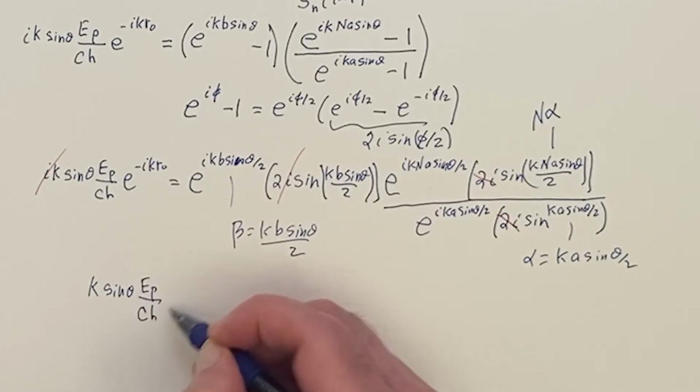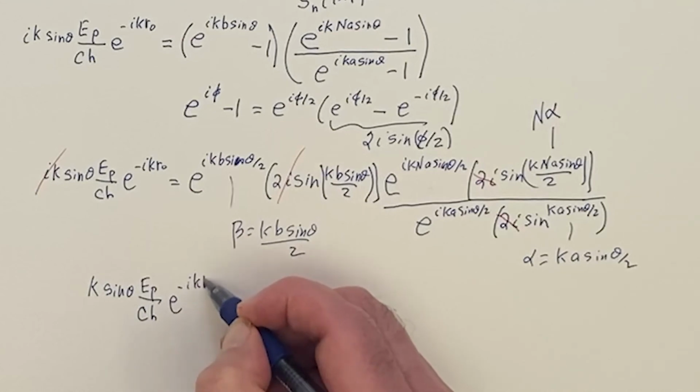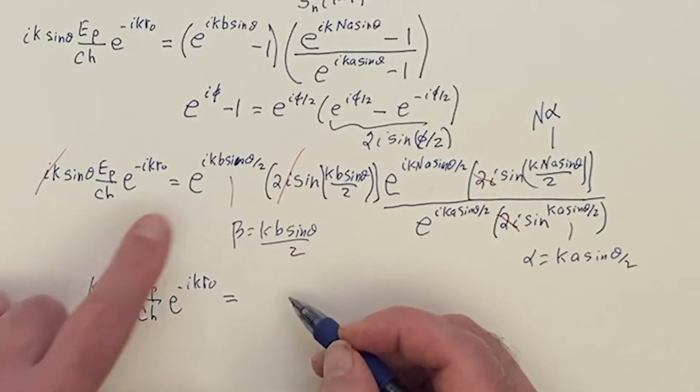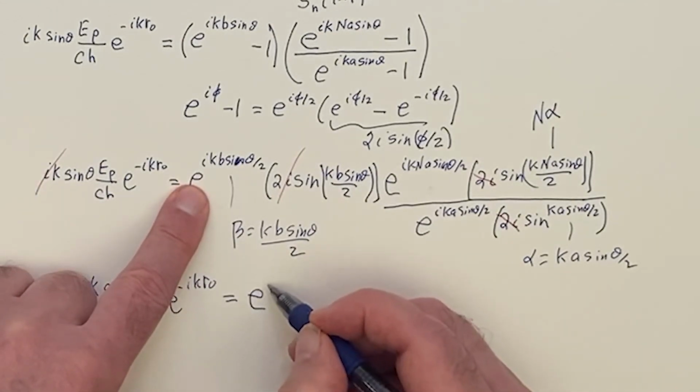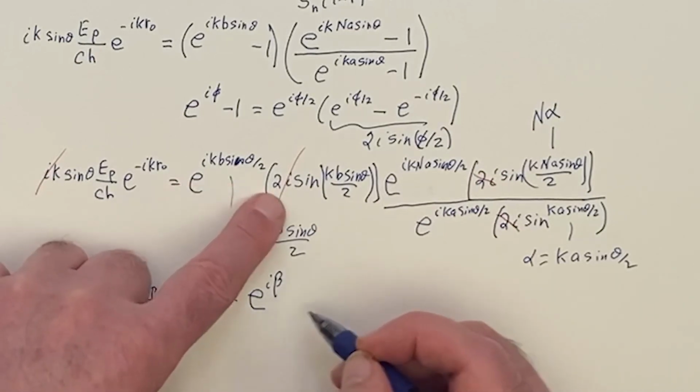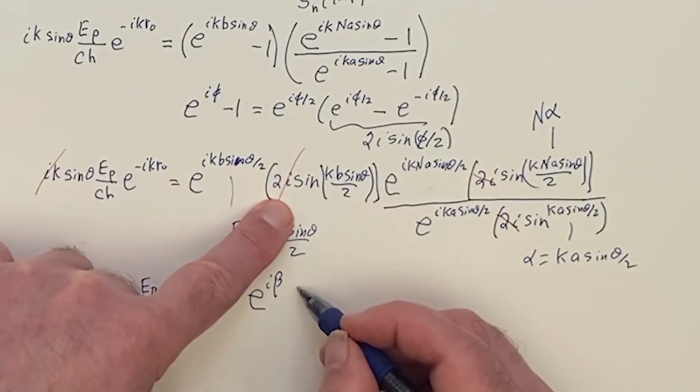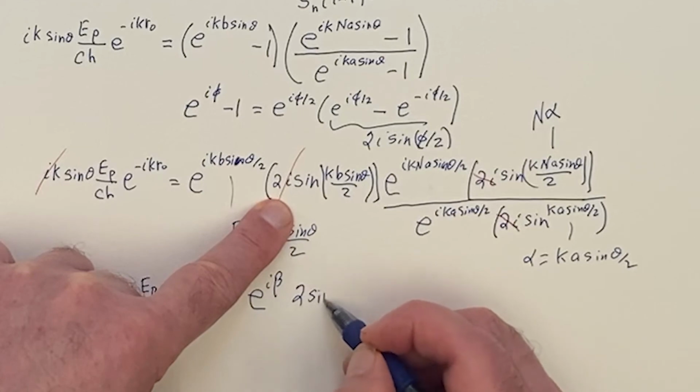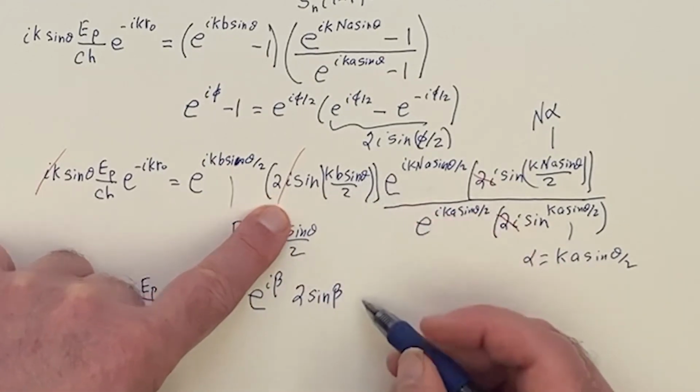EP over CH, e to the minus ik r naught. This will be e to the i beta. There'll still be a 2 floating around, sine beta.